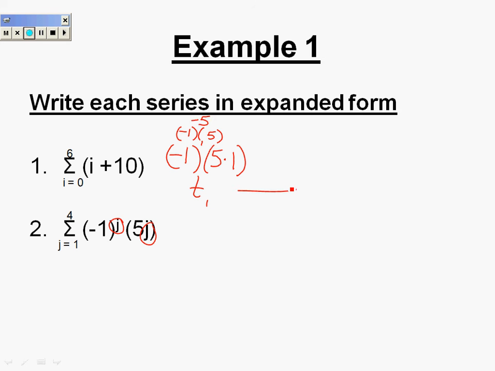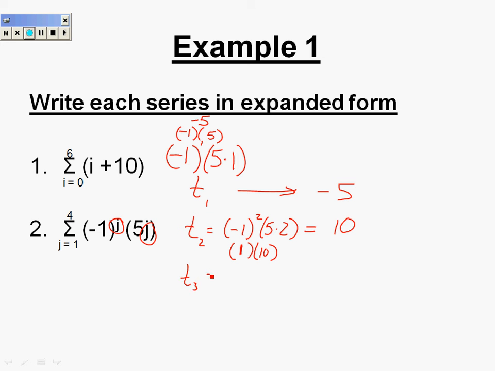I'll just put that over here on the right side so we can go horizontally like we did in the last one. All right, let's go ahead and find the second term. So I'm just going to replace the j with 2 now. All right, well, what's -1 squared? Positive 1. -1 times -1 is positive. And 5 times 2 is 10. And 1 times 10 is 10.